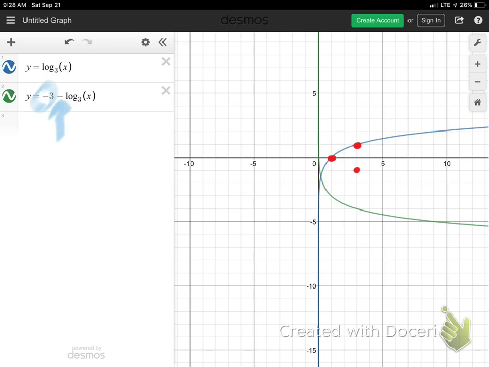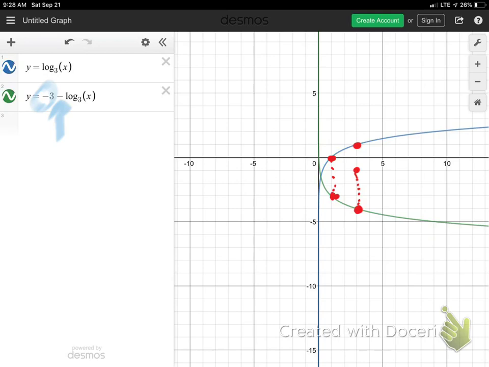So what is happening now is both of these points are moving down 3. And that's how we get our -3 movement. Okay?